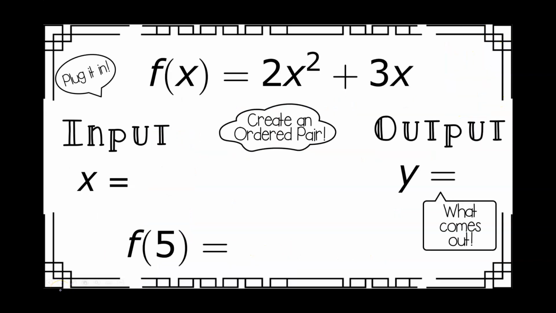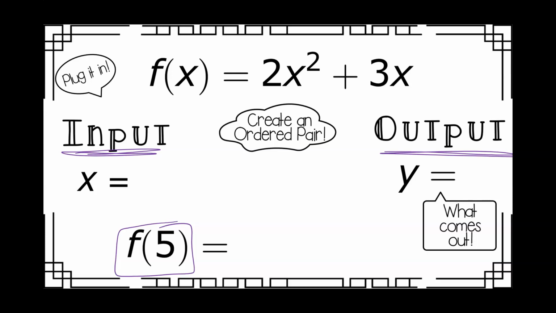So I want to create an ordered pair. An ordered pair is made up of an x and y value. X is your input, y is your output, okay? So I want to find f of 5. This is what we call function notation. You're used to me saying that x equals 5, now find y.